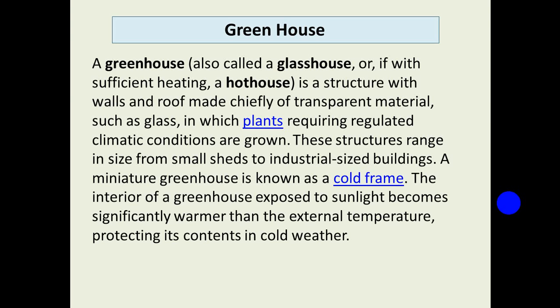These structures range in size from small sheds to industrial-sized buildings. A miniature greenhouse is known as a cold frame. The interior of a greenhouse exposed to sunlight becomes significantly warmer than the external temperature, protecting its contents in cold weather.